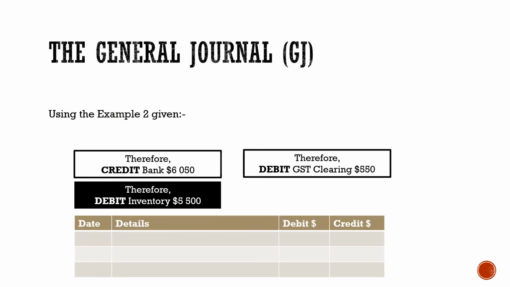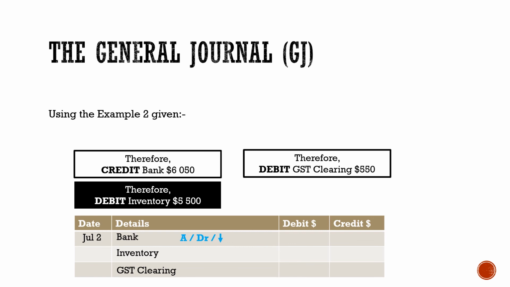Now let us record this transaction in the general journal, starting with the date, which is the 2nd of July. Under details, we record all the accounts that have been affected by this transaction. We have the bank, inventory, and GST clearing. We have established using E.N.E that the bank is an asset that has a debit nature, and it has decreased.